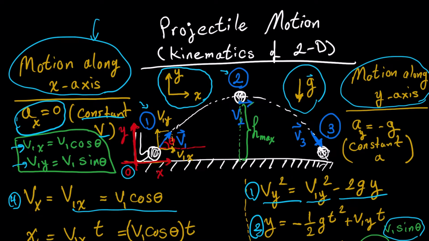And then x equals v1x times t, where t is the time in the air, and t0 is when we kick the ball, and v1x is v1 cosine theta. So these are the main ingredients and equations we're going to be using to solve any projectile motion problem. We're going to take a look at an example next.